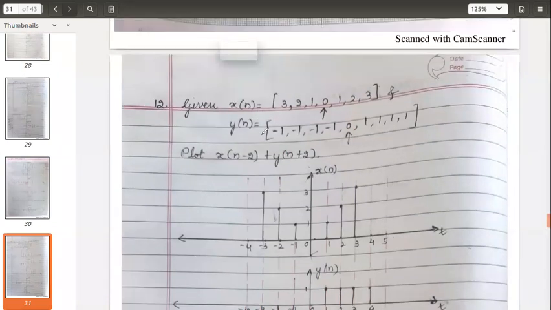But the question is not to draw x of n and y of n. The question is to plot this. How many operations are involved in this question? Quickly, how many operations are involved?